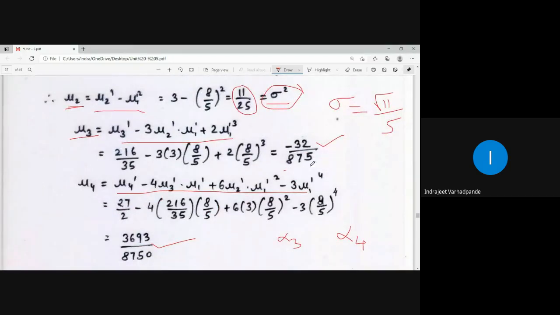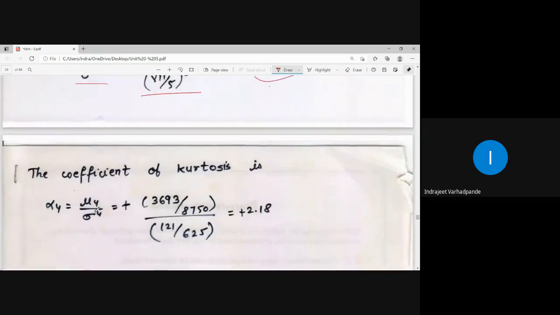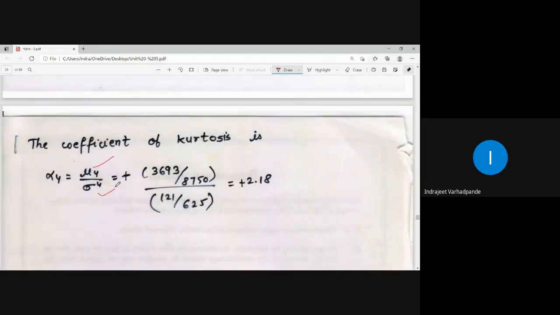This comes out to be negative. Negative means left or negatively skewed. Coefficient of kurtosis is mu4 upon sigma to the power 4. All the values are positive, and therefore I am getting the answer as positive 2.18.